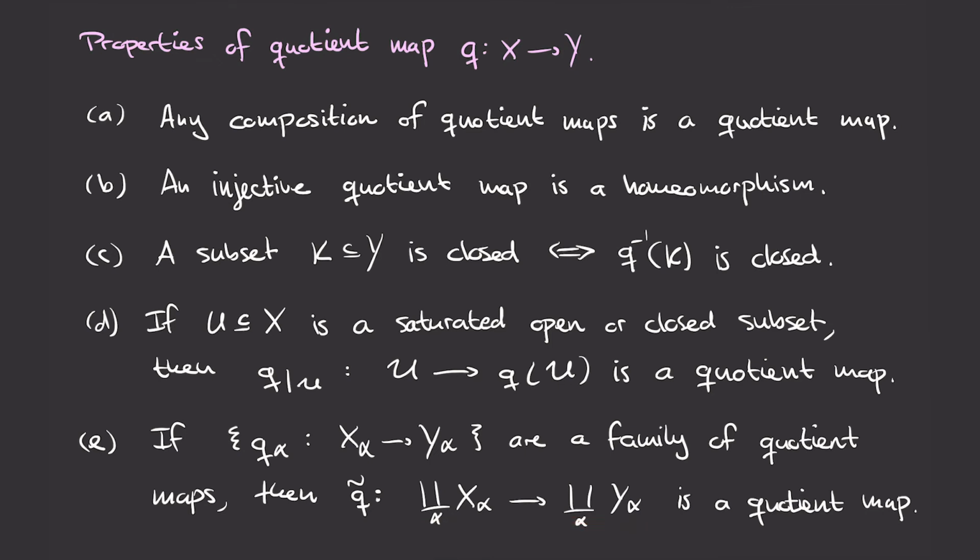And if the original maps were all quotient maps, then also this disjoint union of maps, Q tilde, will be a quotient map. Intuitively, this makes sense because in the disjoint union, all of these spaces are sort of sitting separately next to one another. So if we have some properties on individual maps between these spaces, they should be preserved by this construction.